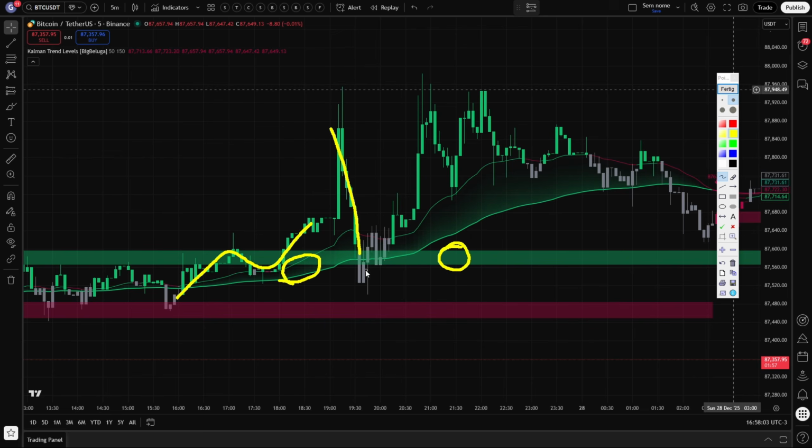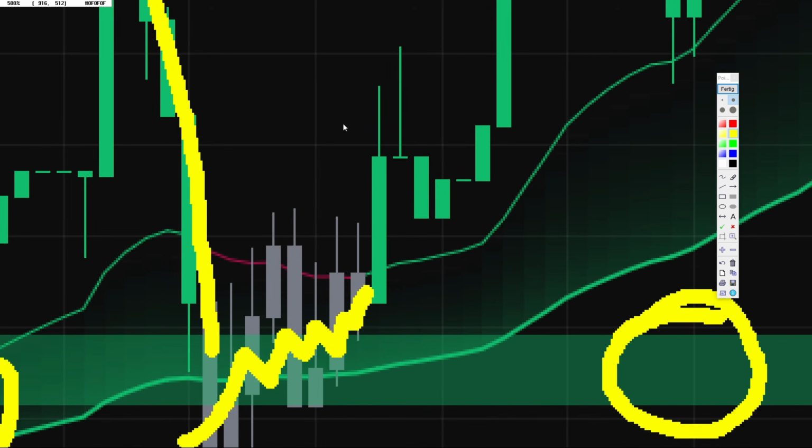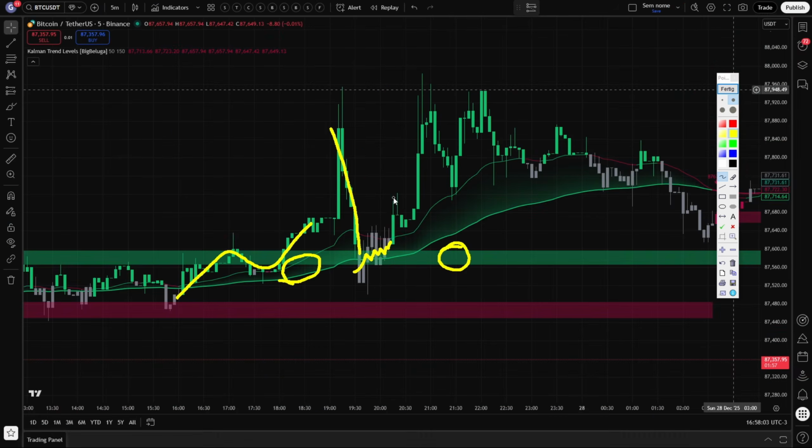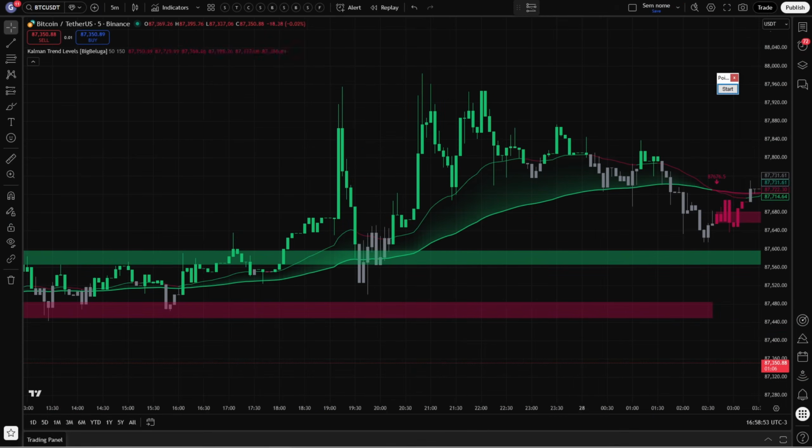In this specific situation, we observe a support zone located within the KALMAN cloud, and we will patiently await the price's subsequent actions. The moment it makes a decisive move and forms an exceptionally strong green candlestick, similar to the one depicted here, having exited the cloud zone, we can place our entry precisely at that candle's closing price.